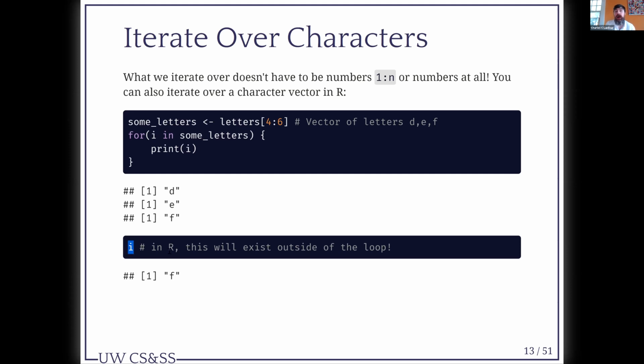If I call on i after the loop is run, it remains f, because f was the third value of some_letters, the last value, and that's what i was the last time the loop ran, right? i is just an object like anything else, and all the loop is doing is assigning values to it, one at a time. Once it finishes the loop, i stays in the environment. Okay. Which sometimes might be useful to you if you want to know, for instance, how many iterations something had to run. You've got it at the end and you could check what its number is or something.